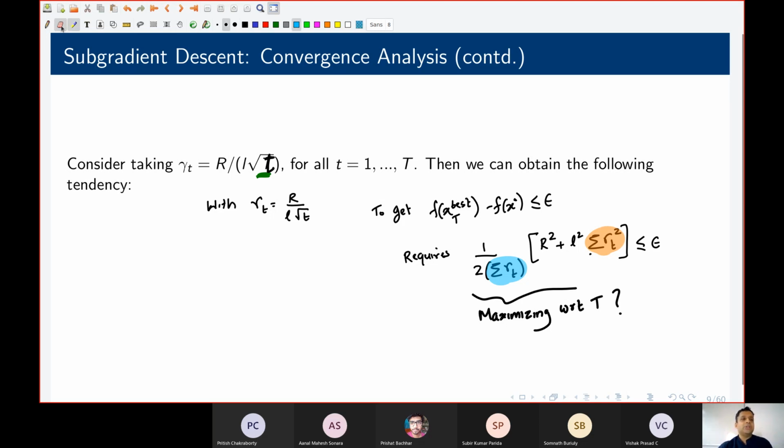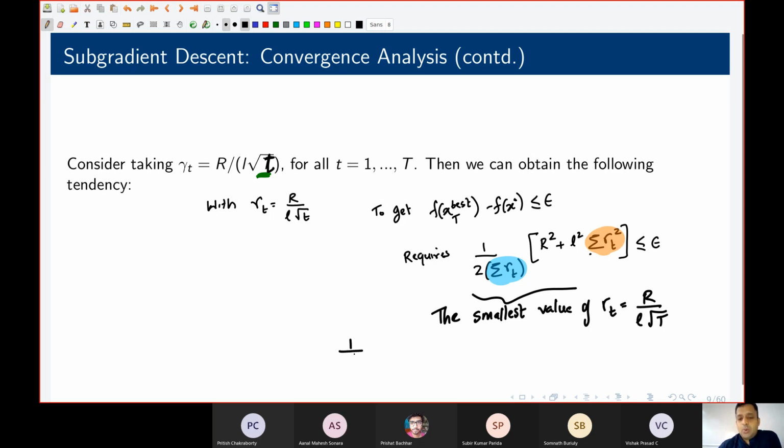The spirit is that you take the smallest value of gamma t, which is r upon L square root t, which is what I had written earlier. I jumped some steps, right? So suppose we have that, the smallest value. Then what happens?